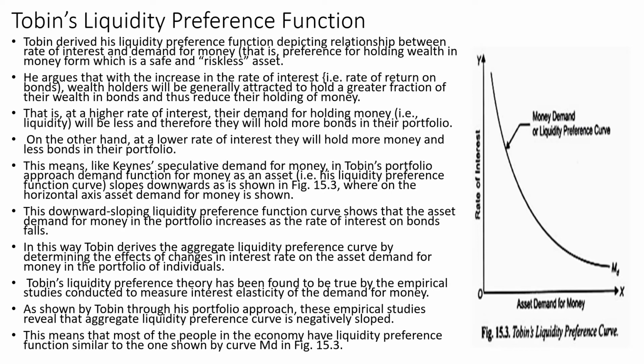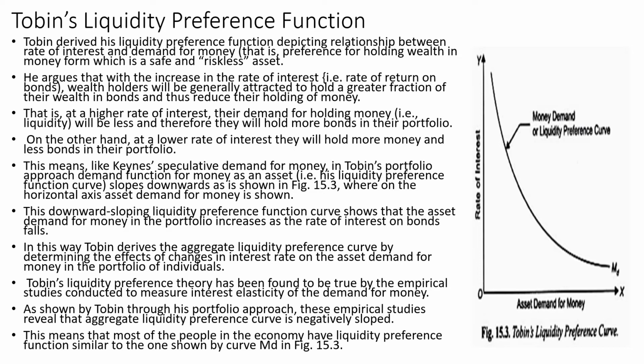On the other side of the coin, you can see that at a lower rate of interest, they will hold more money and less bonds in their portfolio. This means that, like in the case of Keynes' speculative demand for money approach, in Tobin's portfolio approach, we can see that the demand function for money as an asset slopes downward, as you could see from this figure, where on the horizontal axis asset demand for money is shown, and this downward sloping liquidity preference function shows that the asset demand for money in portfolio increases as the rate of interest in bond falls.